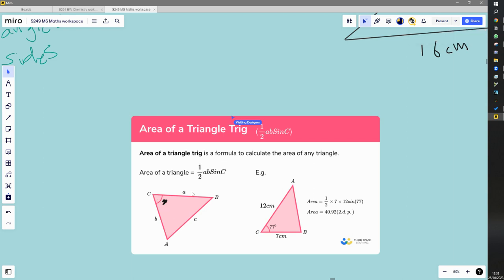However, if I just know the regular dimensions of the triangle, I can apply this rule here, and that would help me to calculate the area. So again, it's half times the product of any two sides multiplied by the sine of the angle between them. Okay. All right, so we'll leave it there. Maybe have a go at some questions.